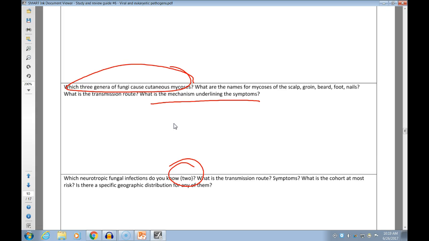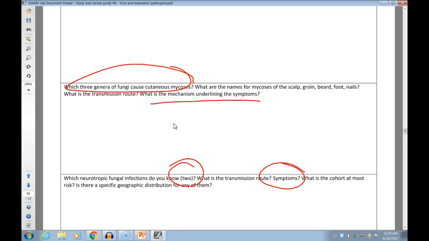Remember that all of them, Cryptococcus, Coccidioides, Histoplasma capsulatum, and Pneumocystis jirovecii, are initially transmitted via the respiratory route. We inhale spores. Histoplasma and Pneumocystis remain mainly in the lungs. Cryptococcus and Coccidioides go from the lungs into the brain, causing CNS disease.